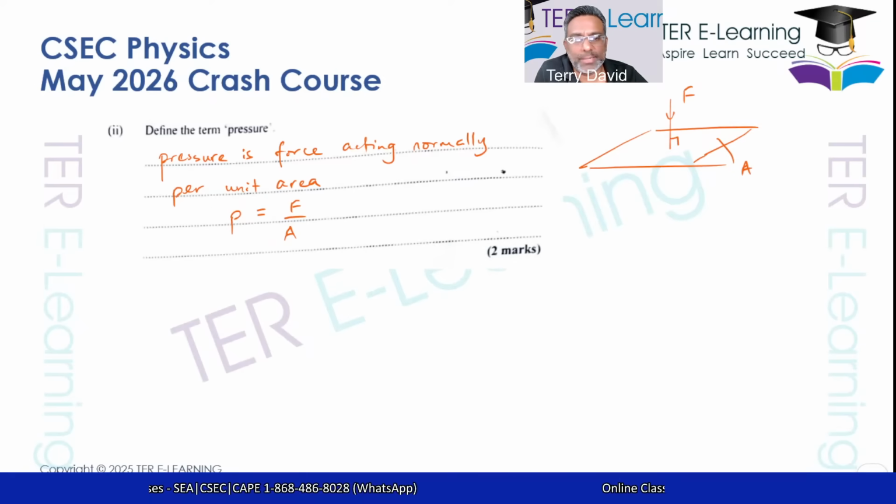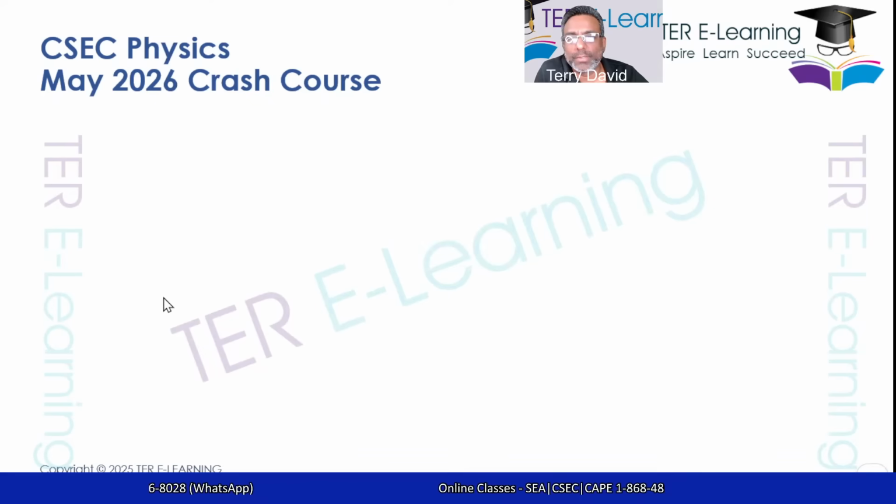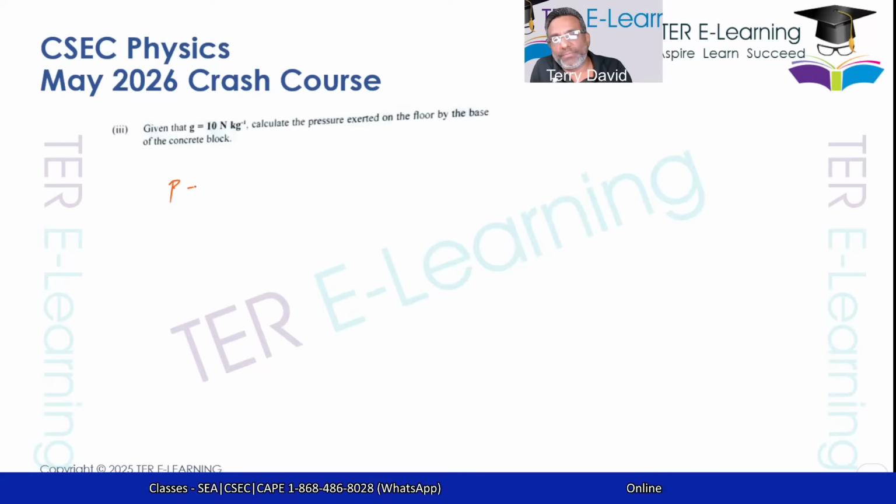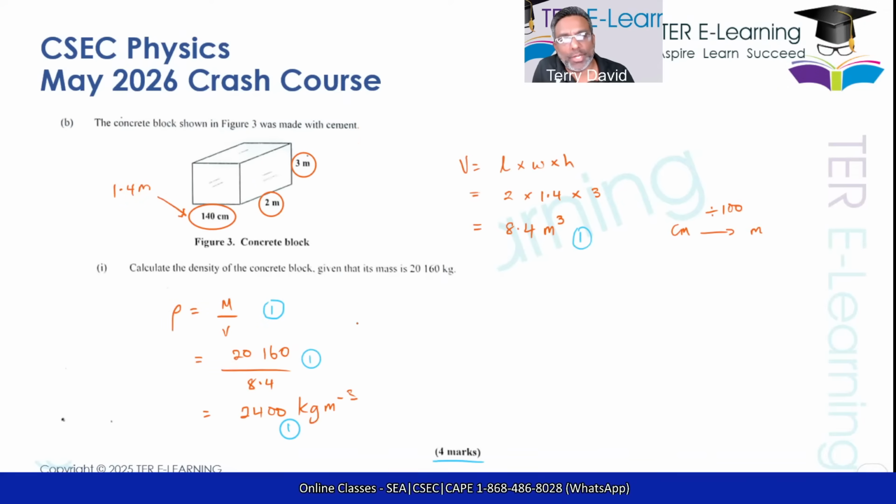All right, let's see what's happening here now. Next one. They want us to calculate the pressure exerted on the floor by the base of the concrete block. So first of all, pressure is equal to F over A. You all need to recognize that. Now to calculate the force of the block, you have a block here. The block has a mass.